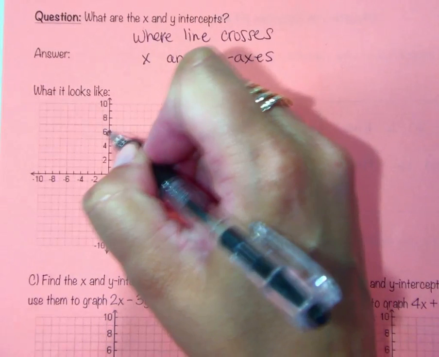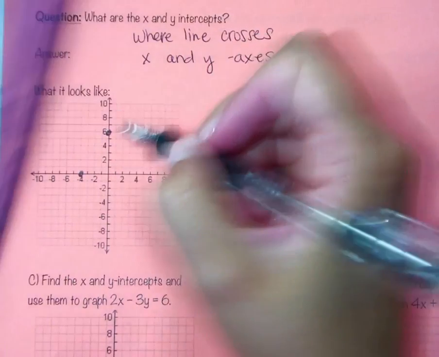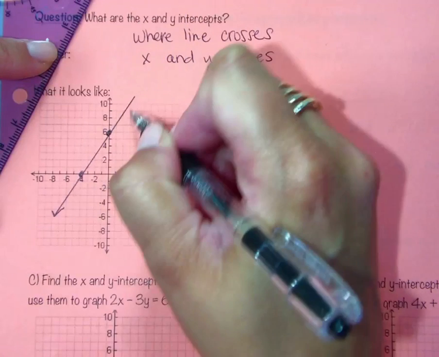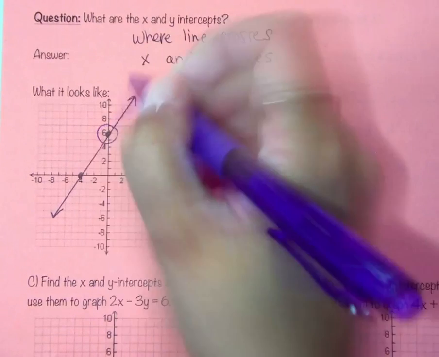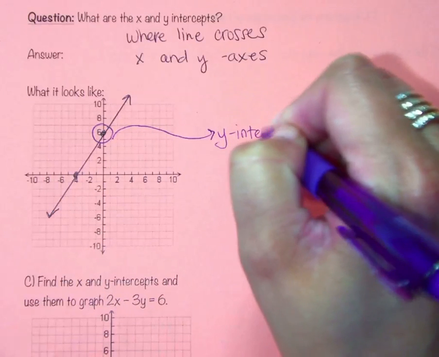So let's say we have a line that hits 6 on the y-axis and -4 on the x-axis. Again, where that line crosses the y-axis, this is our y-intercept.